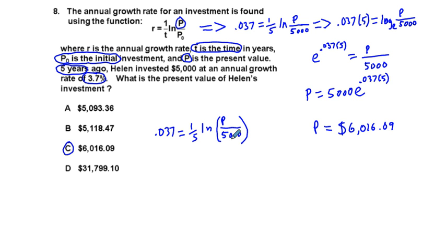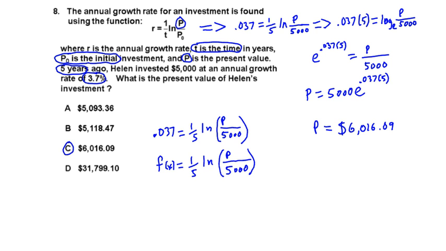We can solve by graphing by setting one side of the equation equal to 0. So subtract 0.037, and we have a function f of x equals 1/5 natural logarithm of x over 5,000, minus 0.037. And we see where the graph crosses the x-axis, and that will be our answer.